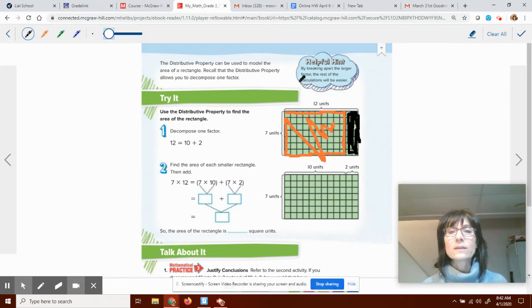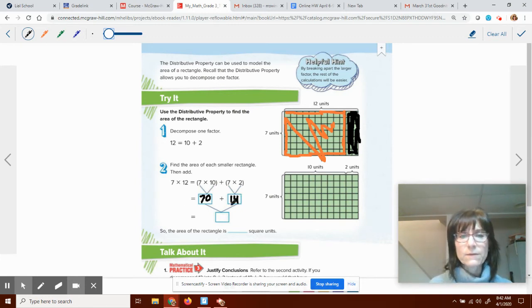Instead of saying 12 times 7, I'm saying 7 times 10, which would give me 70. And I'm saying the second rectangle here is 2 times 7 or 7 times 2, which is 14. And that makes it really easy to add because in my head, 70 plus 14, I know I've got 84.